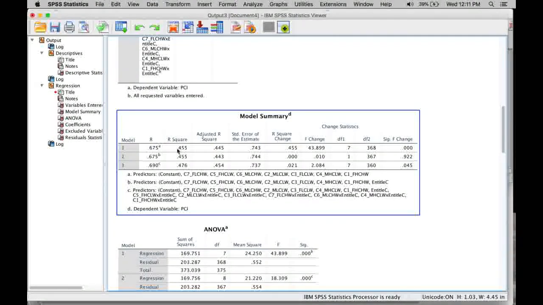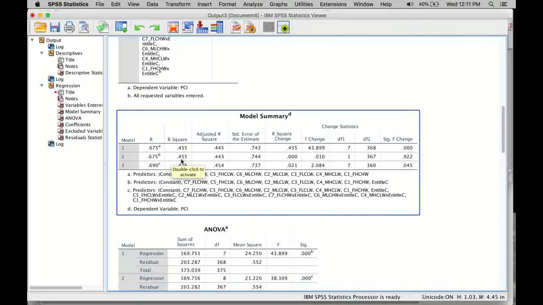So this tells us our first block, 45.5% of the variance in PCI scores were explained by the variables in block 1, which was our codes. So what group you're in explained 45.6% of the variance in your PCI score. This tells us block 2, this is not significant. So it tells us that adding entitlement didn't explain more on its own above the group that you were in block 1.